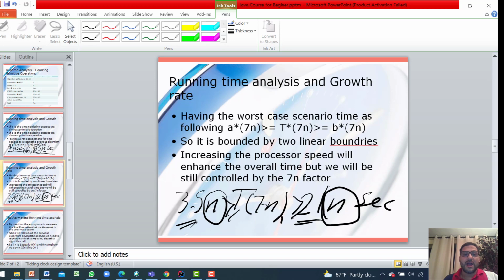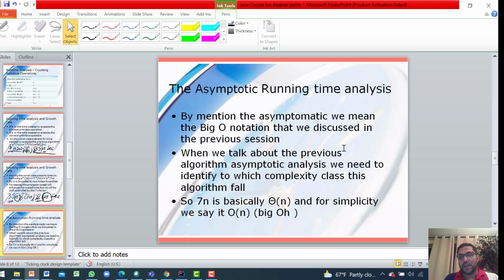So I'm going to talk about something called asymptotic running time. When we talk about asymptotic running time, we don't care about the constant or the linear factor that is multiplied by n.